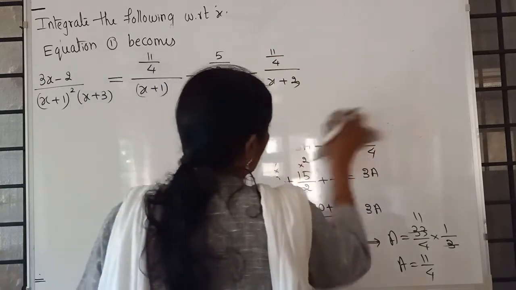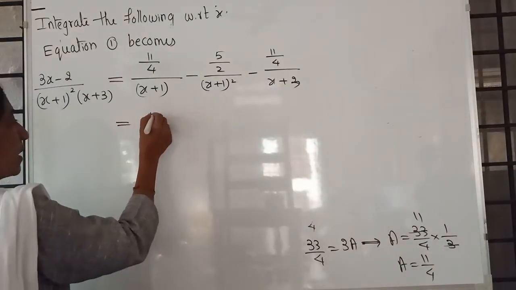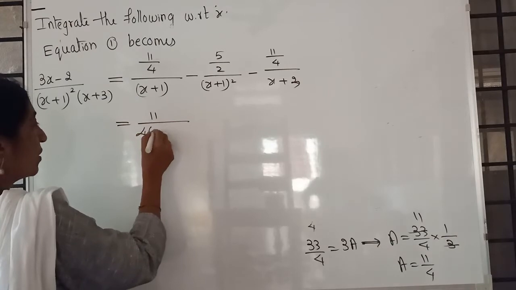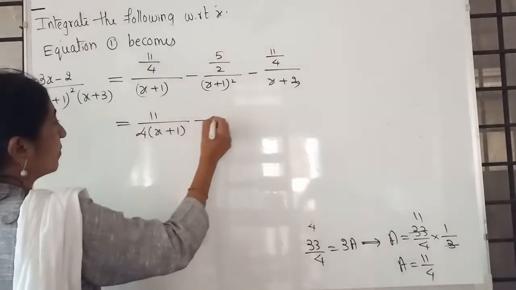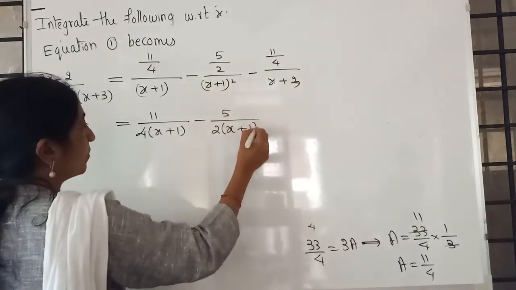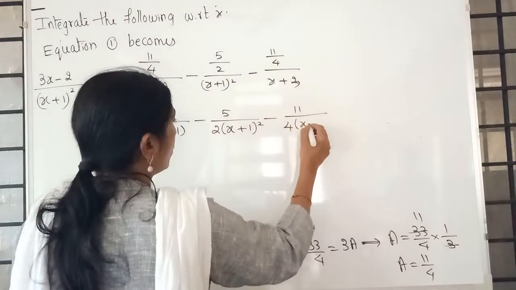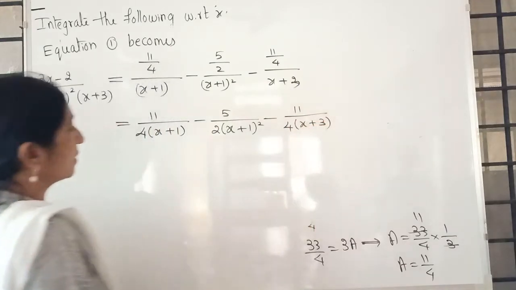But you know how to write it if the fraction is present in the numerator. This will be written as 11 by 4 x plus 1 minus 5 upon 2 x plus 1 whole square minus 11 by 4 x plus 3.